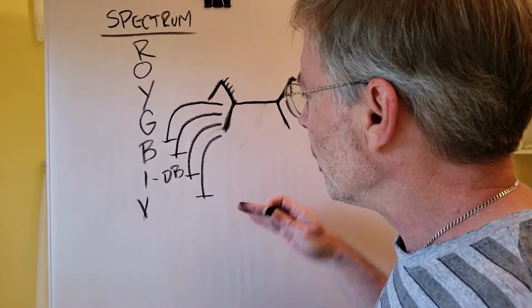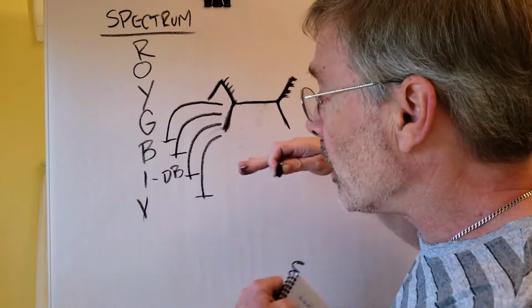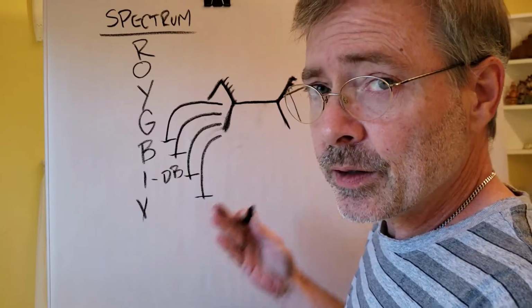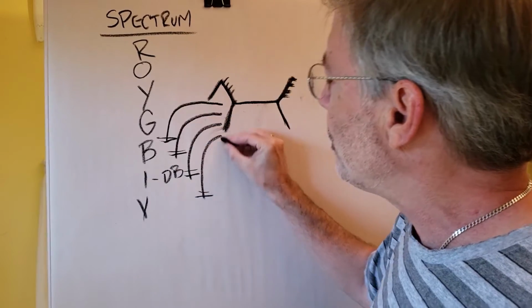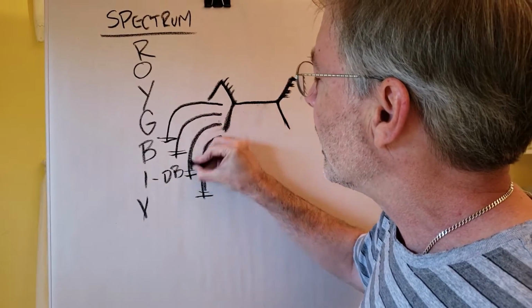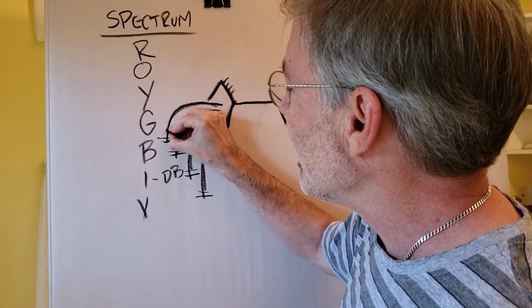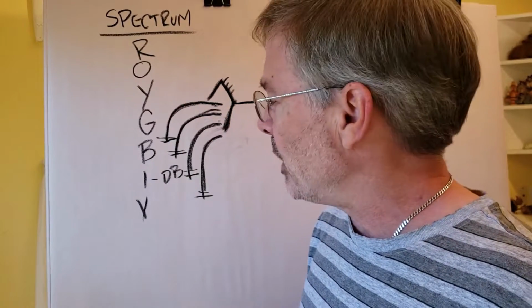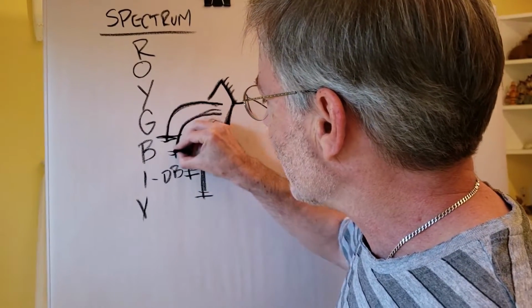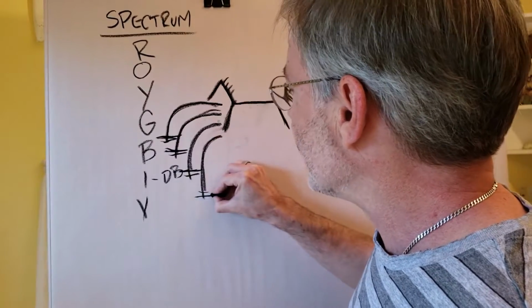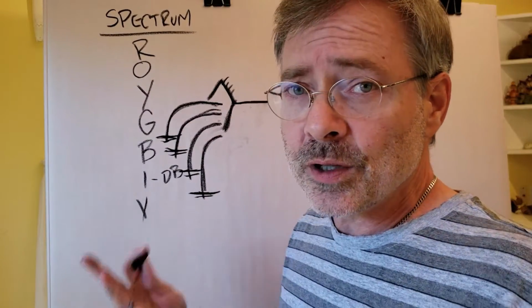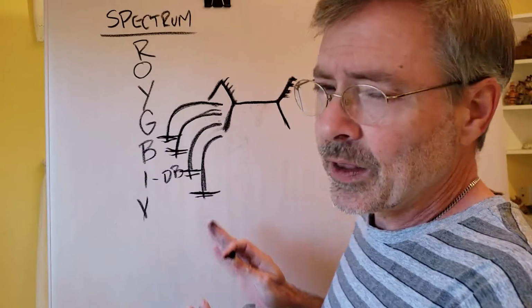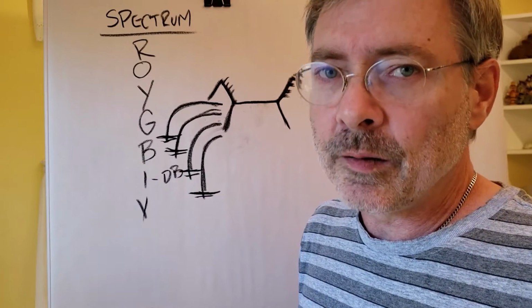So what we're doing when we're refracting light is we're bending white light in such a way that we can see it at a different angle, despite the fact that the light is moving exactly the same distance and at exactly the same speed. So that's refraction. We're bending the light so that we can see the individual components appear to separate simply because of the angle that we're looking at the light from.